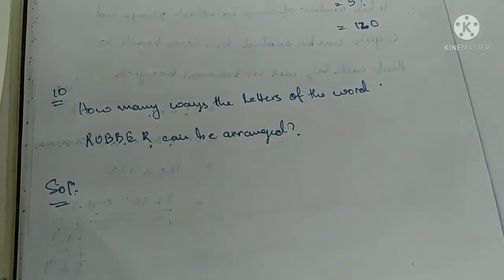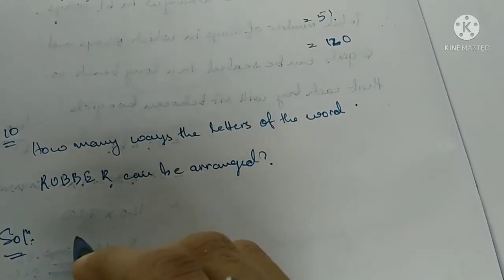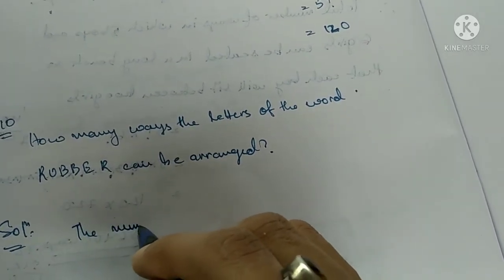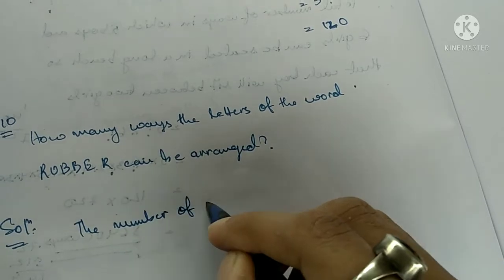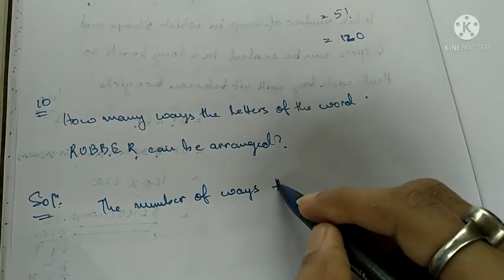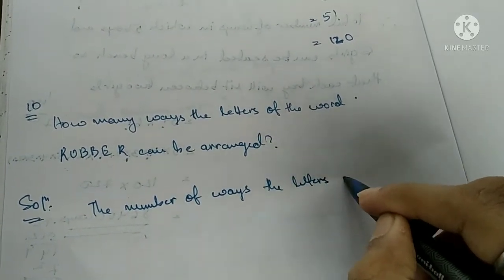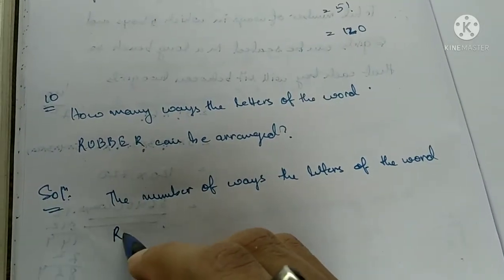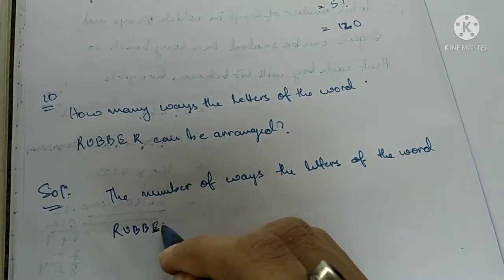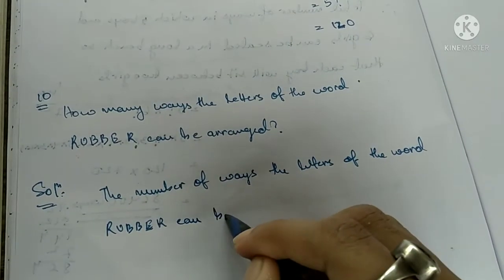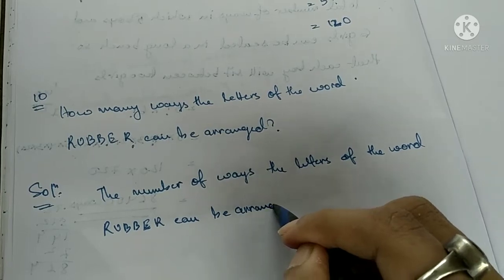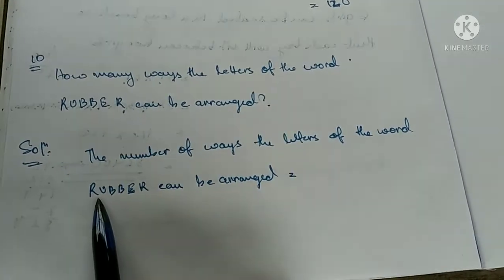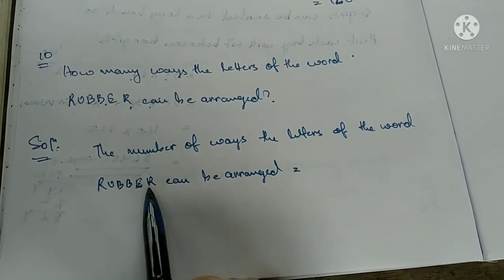So according to Theorem 3, I will write: the number of ways the letters of the word rubber can be arranged will be equal to, how many total letters are there? 1 2 3 4 5 6.